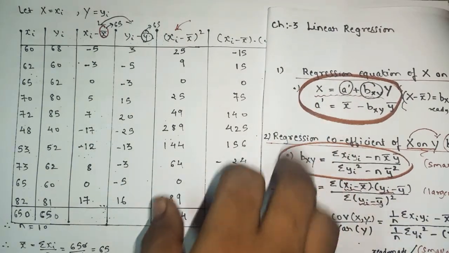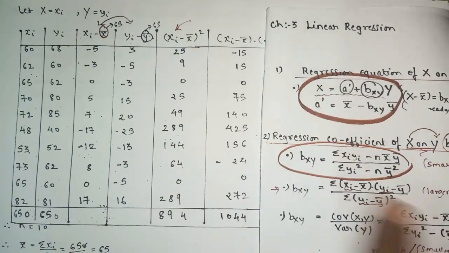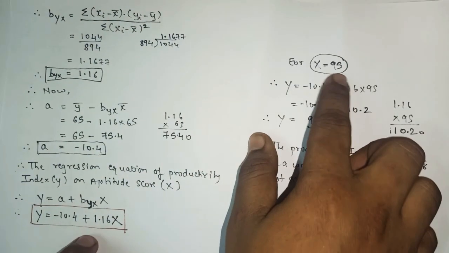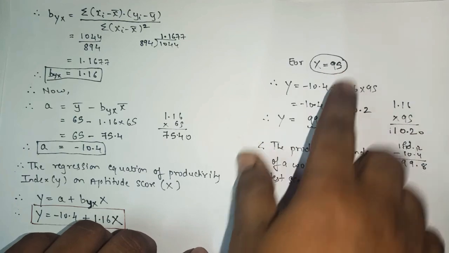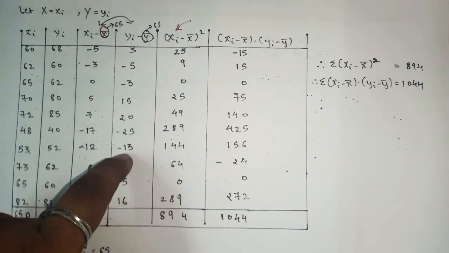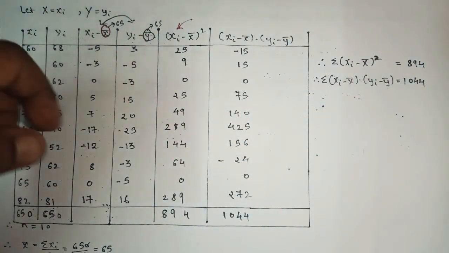Okay, and then these two formulas will come. First you will find bxy, then a dash, substitute the value, and first you will get the regression equation, and after that you will substitute the value of that particular x and y to get the second value. Understood? So first the construction part, find out the total.